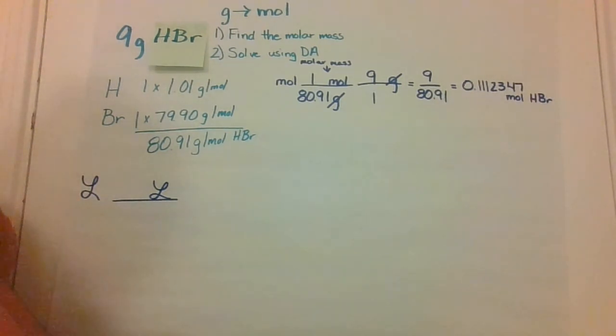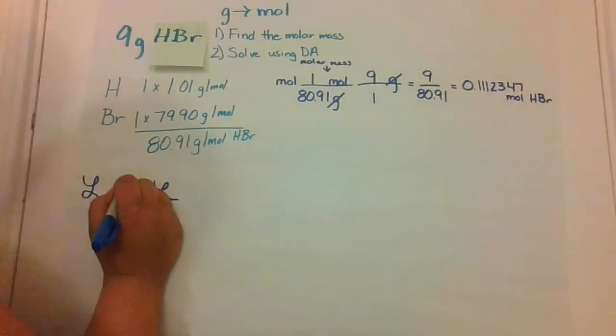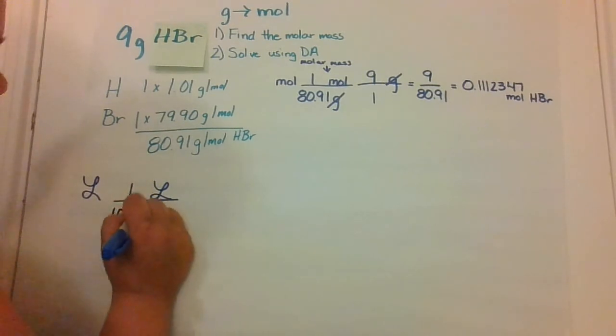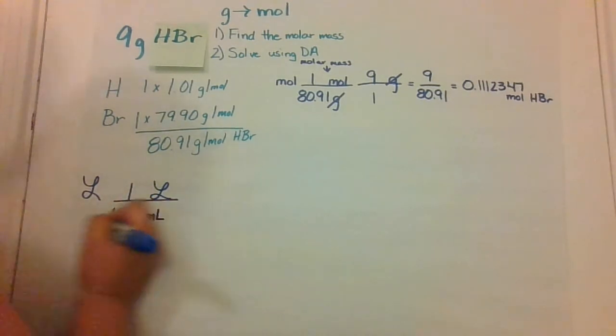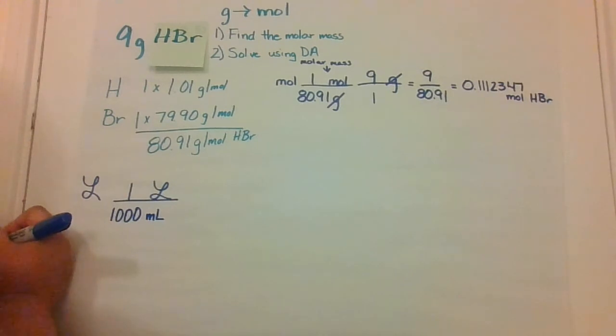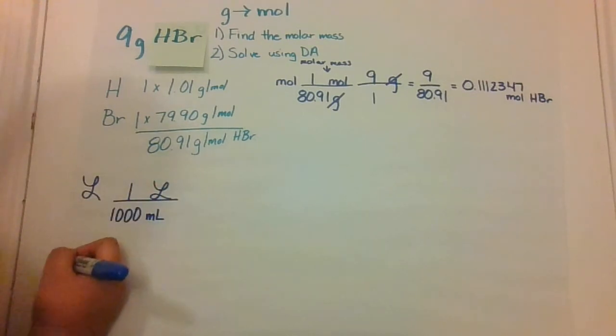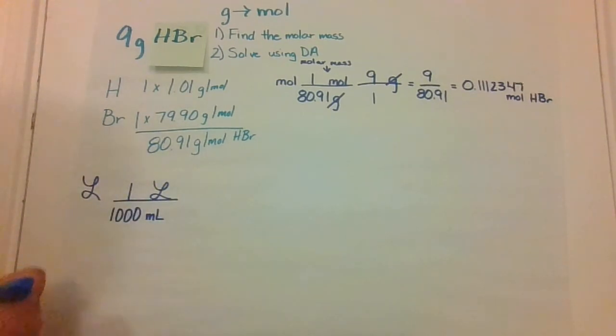So we are converting from milliliters to liters, so that is going to be 1 liter over 1,000 milliliters. Because as we go up and down that metric chart, we see that the ratio between liters and milliliters is 1,000. So there is a 1,000 to 1 ratio.